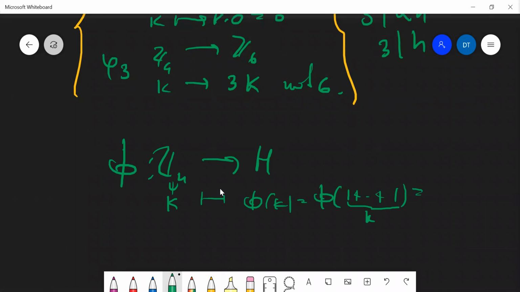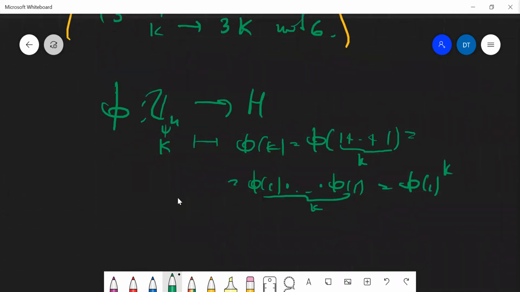So it must be phi of 1 times etc., phi of 1 k times. So it must be phi of 1 to the power of k. So as you can see here, if you have a homomorphism, then the element k must go to phi of 1 to the k. So your element h must be phi of 1.